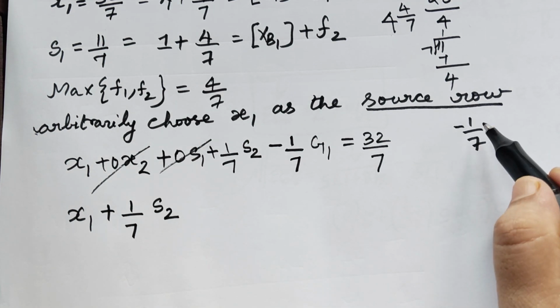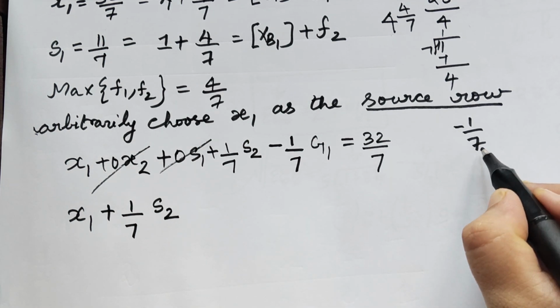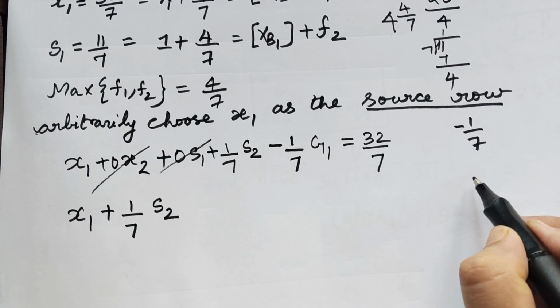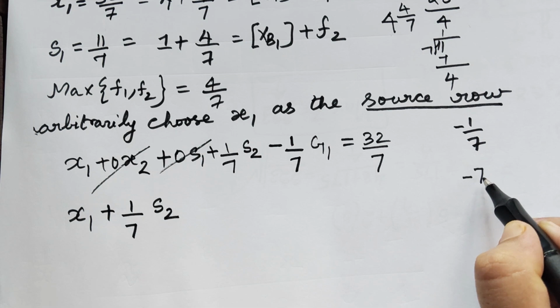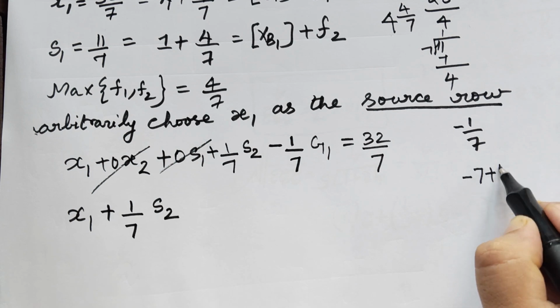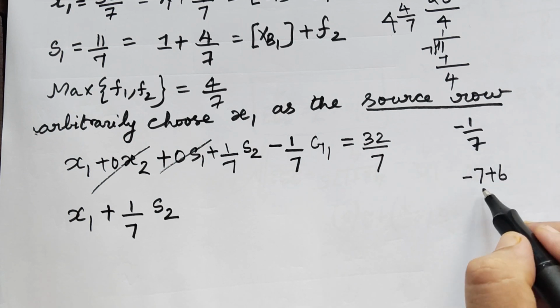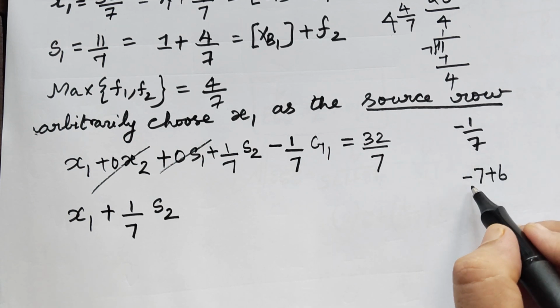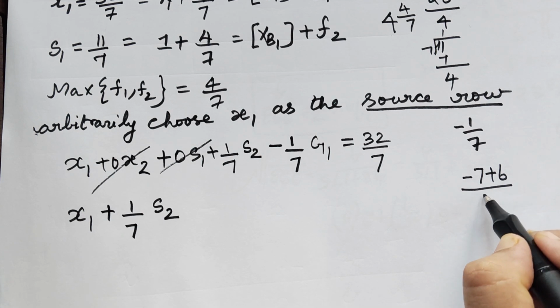How can we rewrite it? You see the denominator. So you write minus 7, that is minus the denominator. What if you add 6 to minus 7? You will get minus 1. So minus 1 by 7 can be written as minus 7 plus 6 by 7, using the denominator itself.